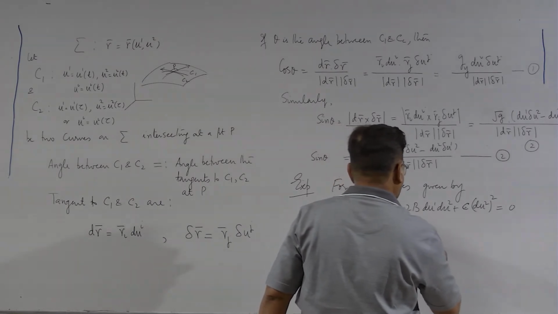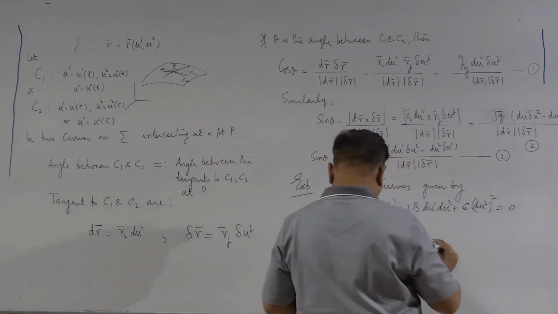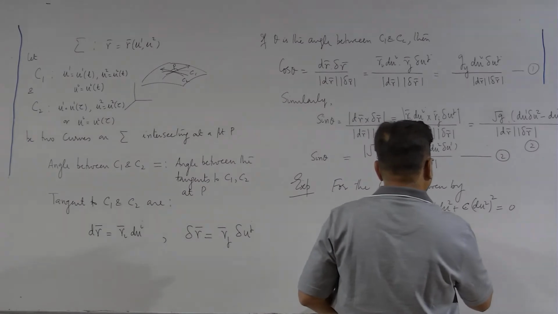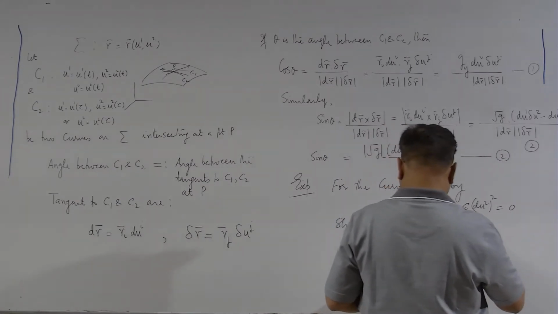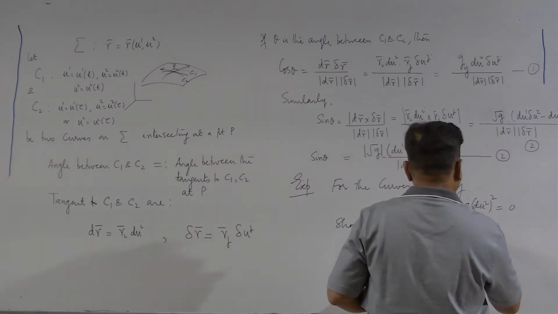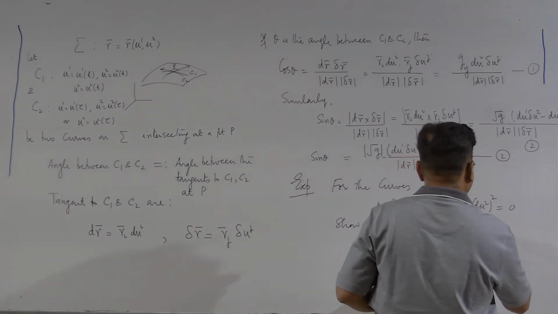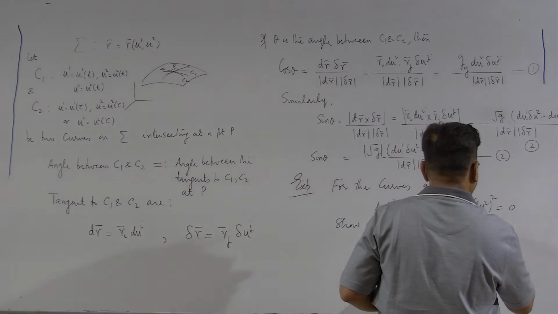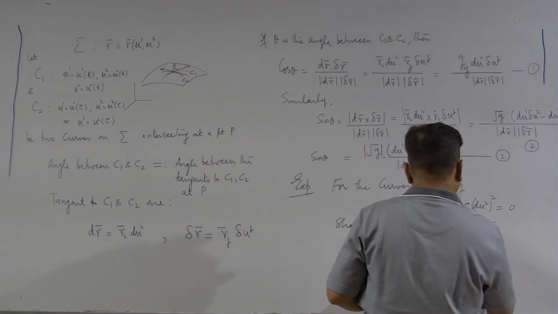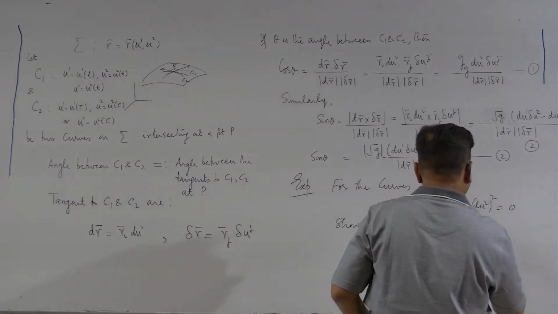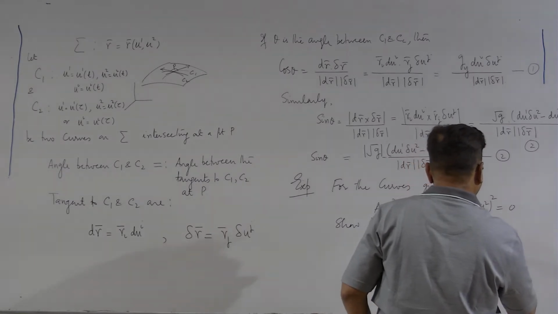tan theta equal to 2 times under root g into under root b square minus ac upon EC minus 2 BF plus GA.